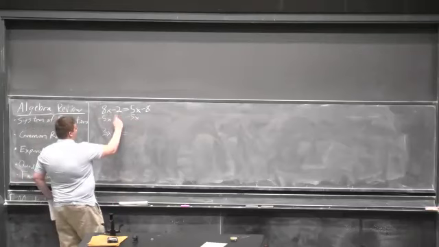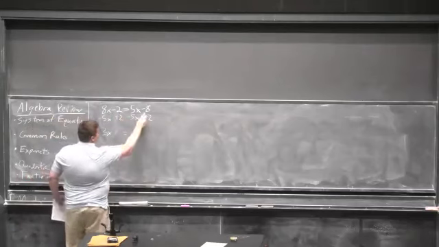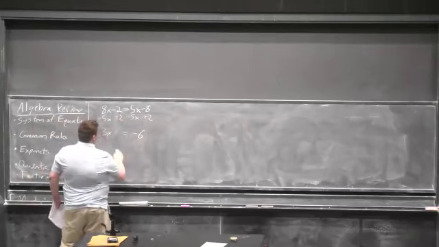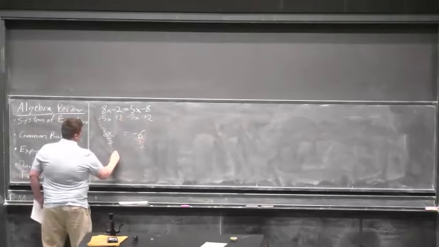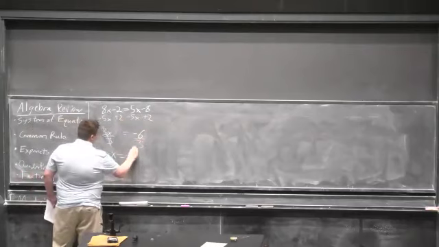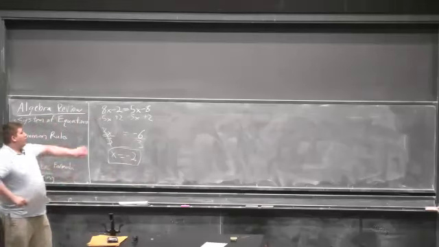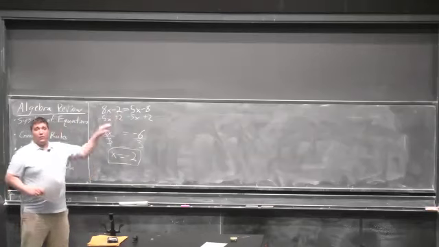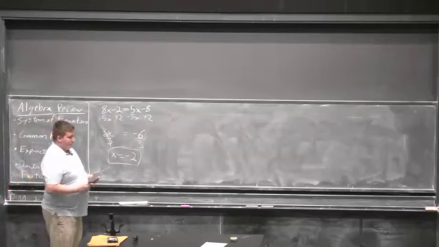Let's add 2 to the other side. Negative 8 plus 2 is negative 6. Divide by 3, divide by 3, and we get x equals negative 2. So we had one variable being x, one equation, and we were able to solve it.